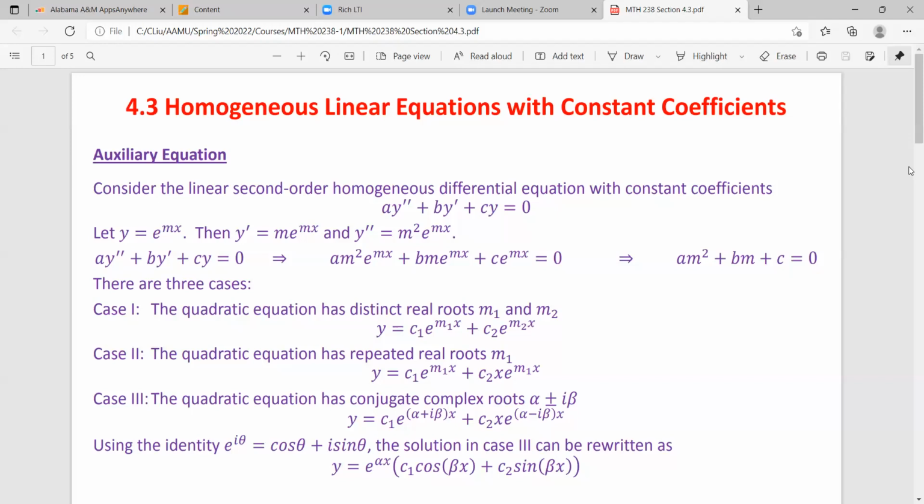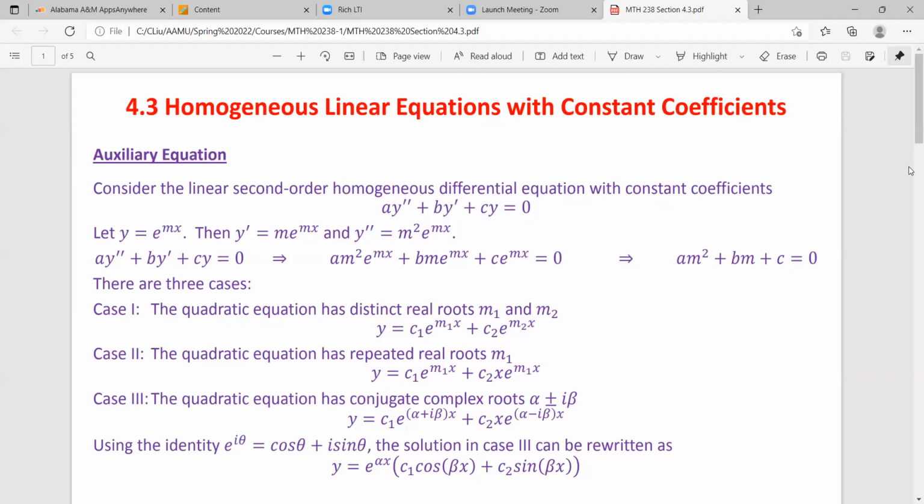Then you just plug in those y' and y'', and try to simplify this equation a little bit. So it becomes am^2 e^(mx) from y'' plus bm e^(mx) from y' plus c times e^(mx). y itself is just e^(mx), since we assume the form.